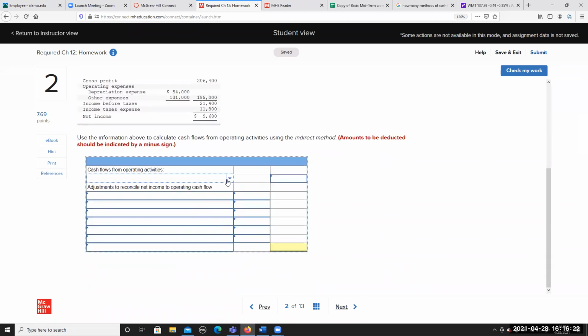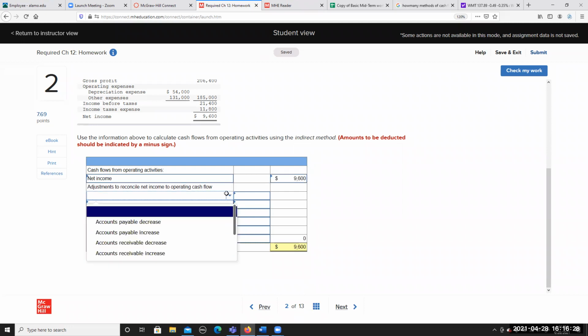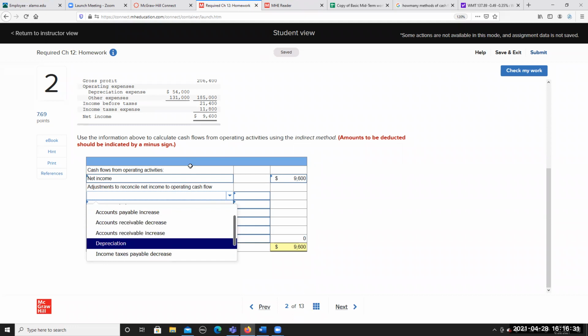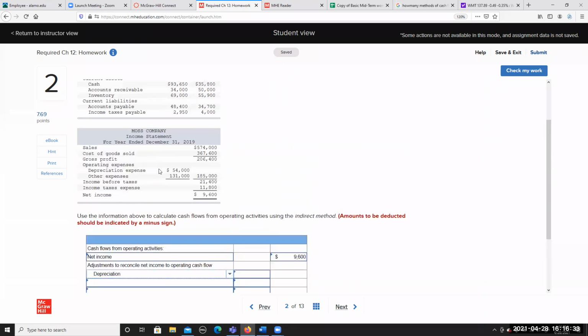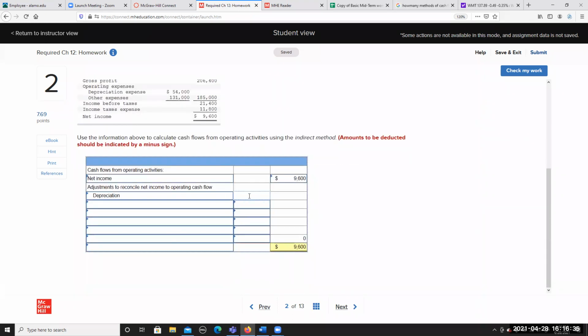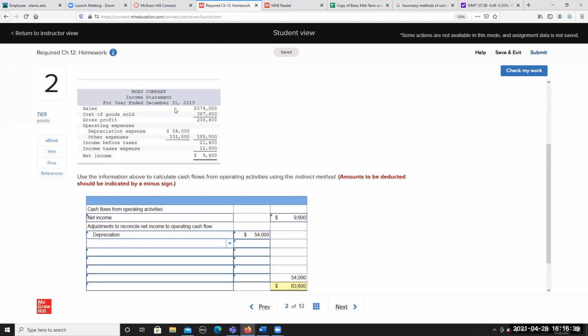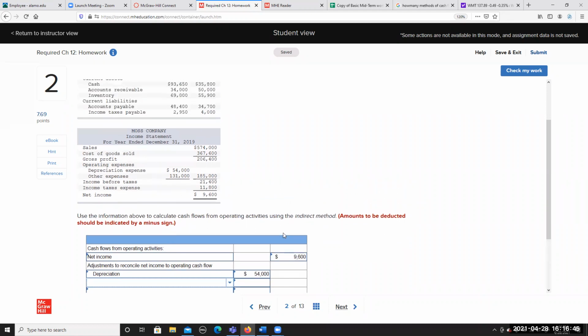So in our case, net income, add back depreciation, which is a non-cash expense, 54,000. Do we have any gains? We would subtract gains and add the losses. Okay, we don't have any, so we're done converting the income statement towards cash.